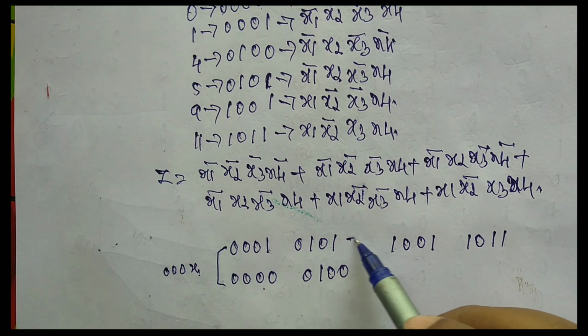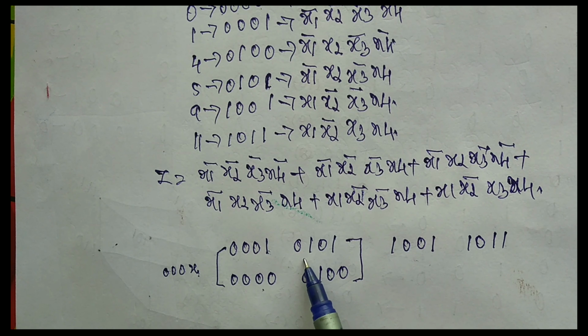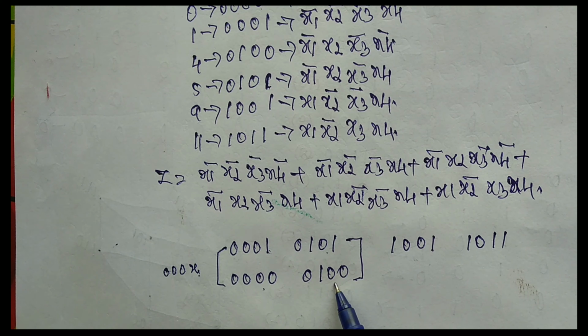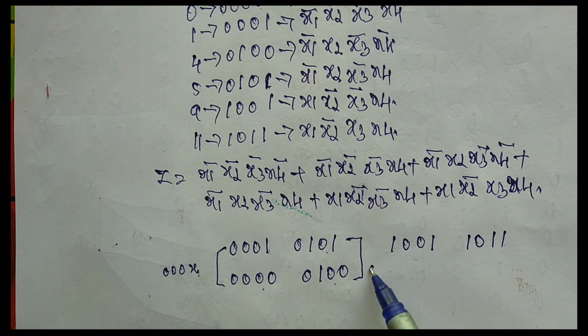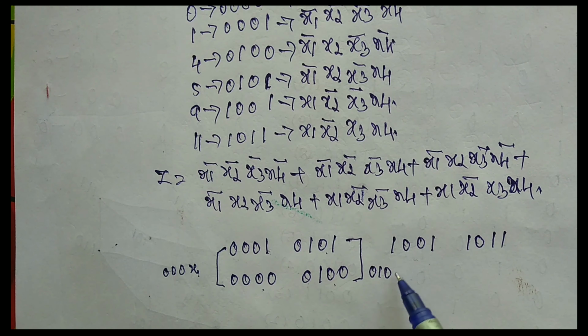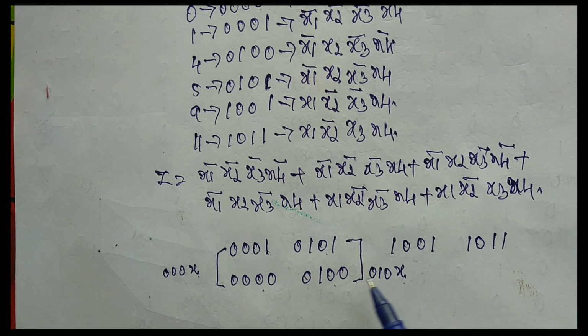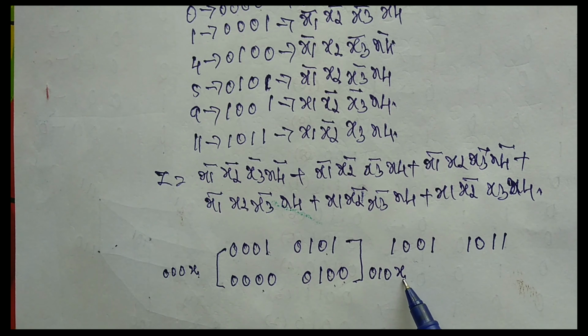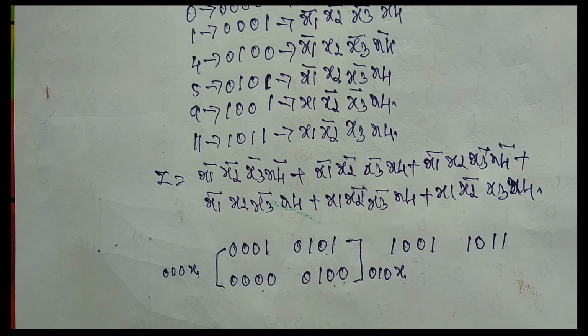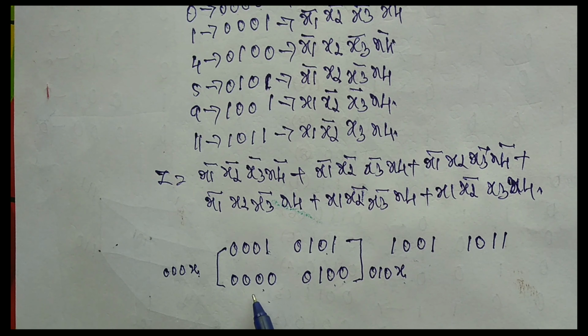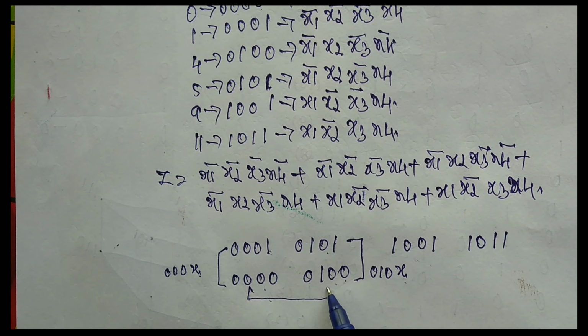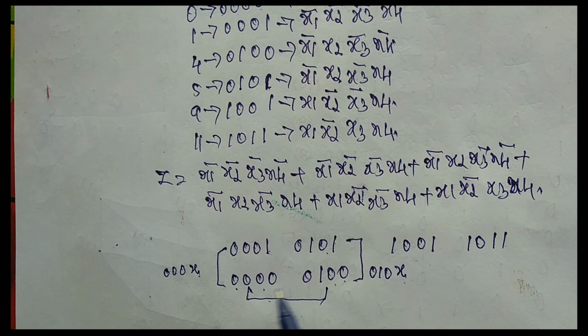Now you take these 2. Here 0, 1, 0, 0, 1, 0 are identical. So this can be written as 0, 1, 0, x. If we put x is equal to 0, we can get this one. And x is equal to 1, we can get this one. Now you take these 2. So here 0 identical and 0, 0 identical.